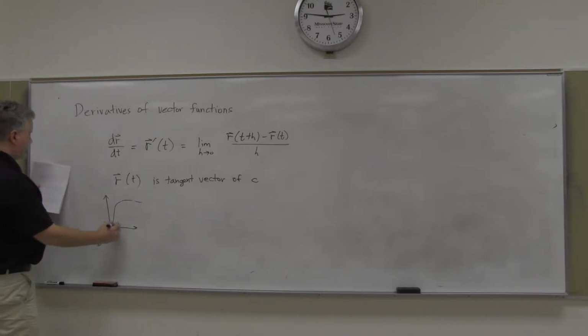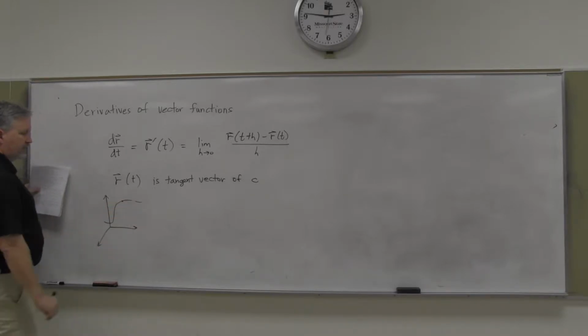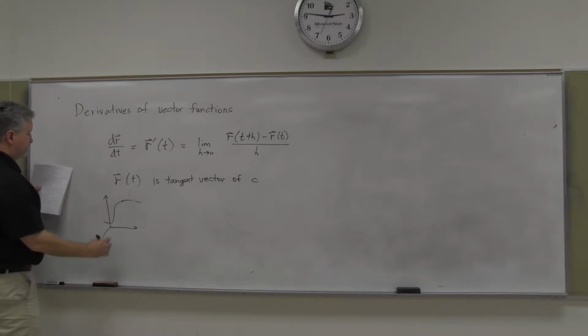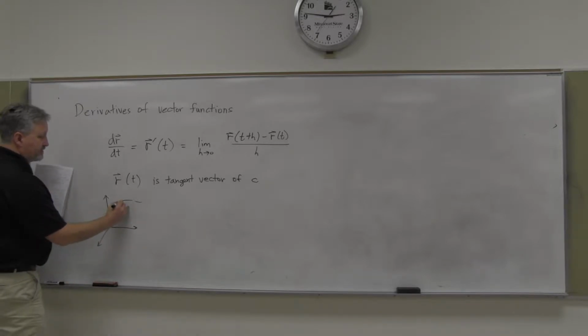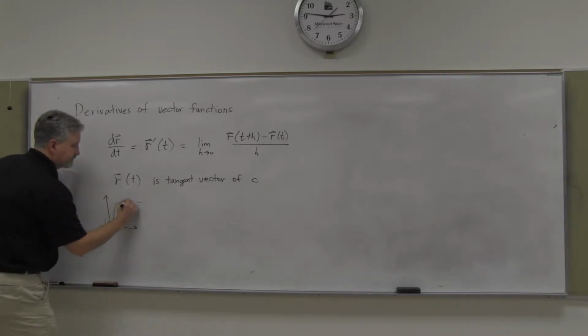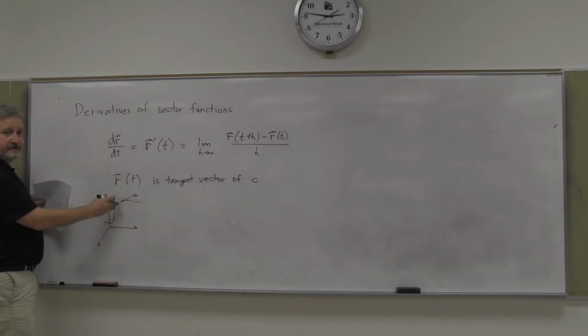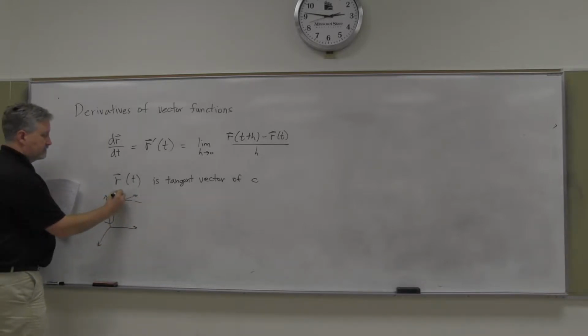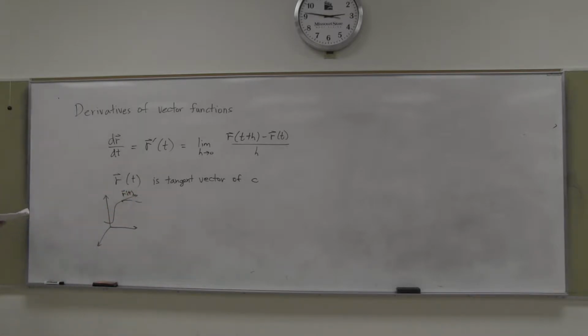If I come out here at t and define r prime there, r prime is that tangent vector at that particular value of t. Good news.